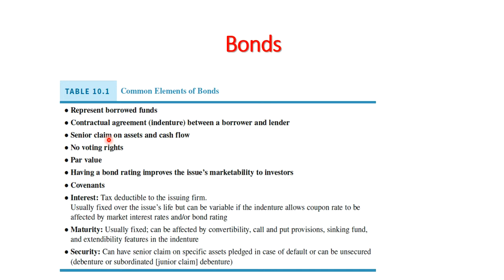Every company, each specific period, calculates its income. The ones who get paid first are the creditors, the lenders, and then the company pays the shareholders.